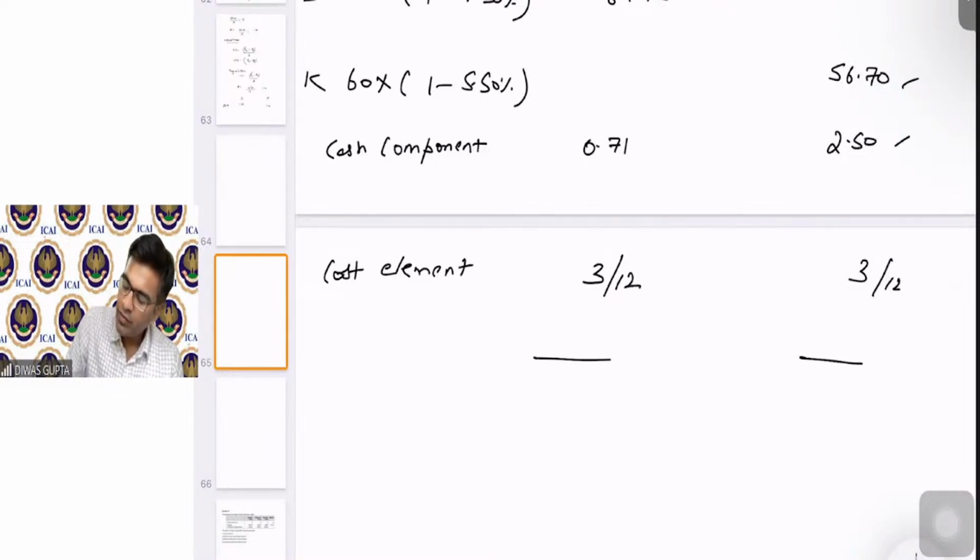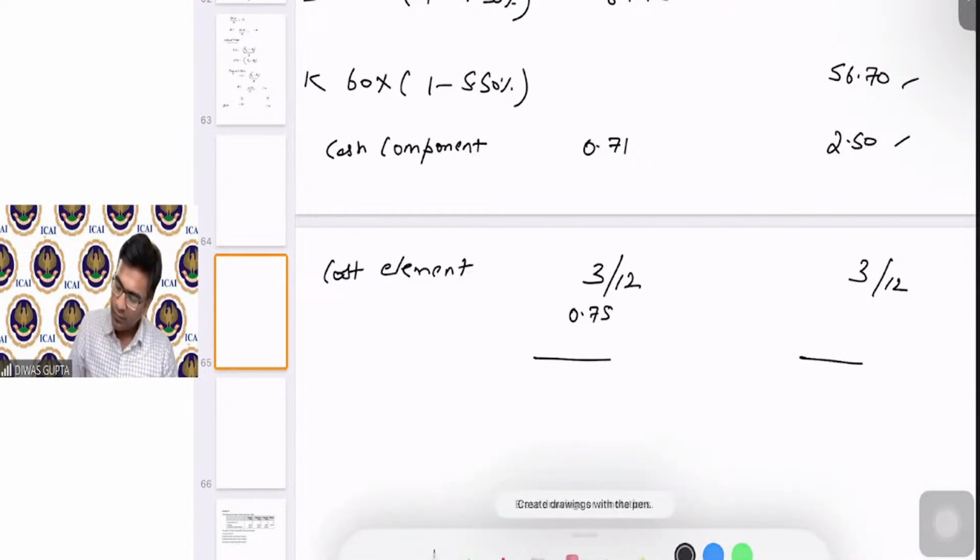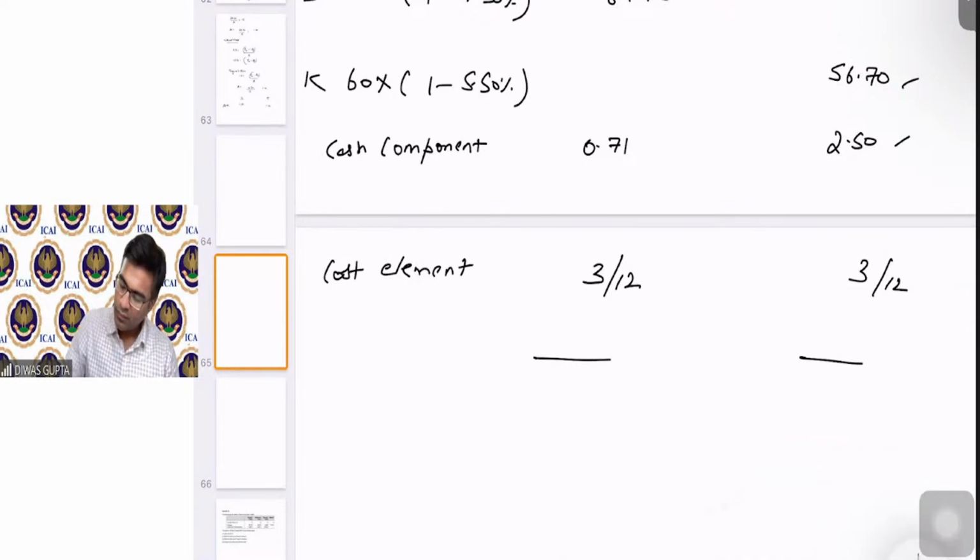It should be 3 by 12. This is the catch in the question. Why? Because 3 is the average annual cost. You are calculating the NAV for 1 month. So for 1 month, the cost is 0.75. No, wait. 0.25, sorry. Yes, 3 by 12. Tanisha, you are right. Perfect.